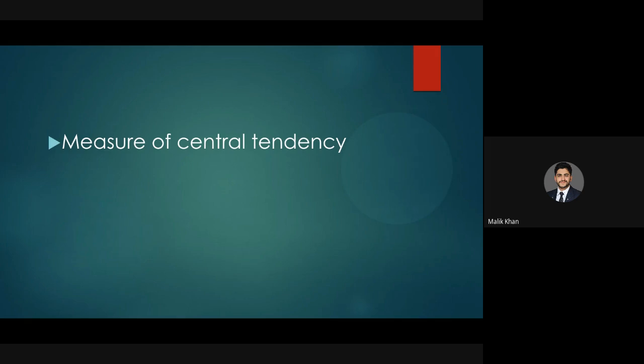So how many modes do we have? Our mode is 5, and our mode is 10. So in this data set, we have two modes. We will call it a bimodal data set, right? If we have three modes, we'll call it a trimodal data set.